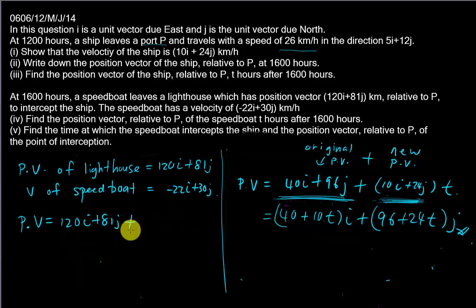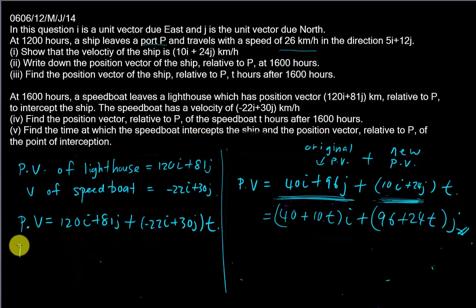The velocity is negative 22i plus 30j, but this is a velocity, so to make it a position vector, remember to multiply with time. If the time is 5 hours, just write t is 5, but in this case the question asks you in terms of t. This is how they bring out the information: the speedboat, t hours after 1600 hours.